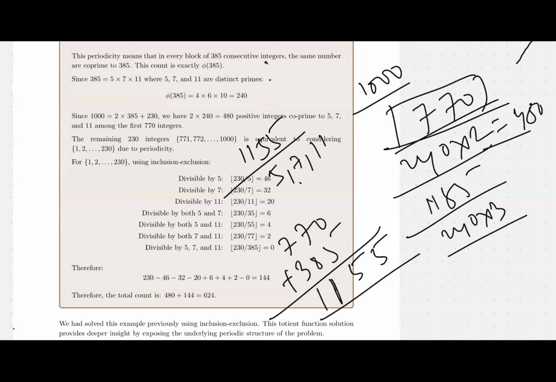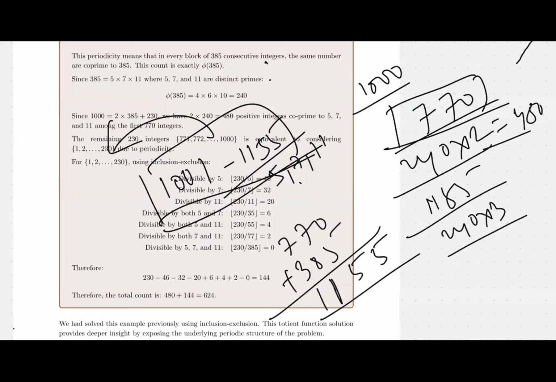But again, the good part is using the same logic that we discussed earlier, we can again shift this. This is how many numbers? 155, right?